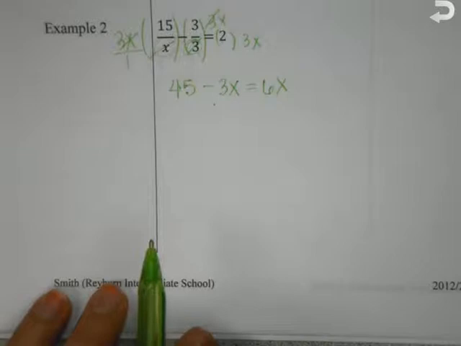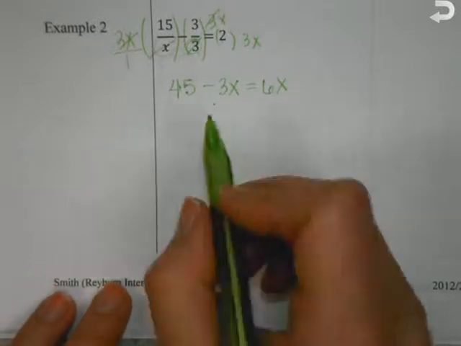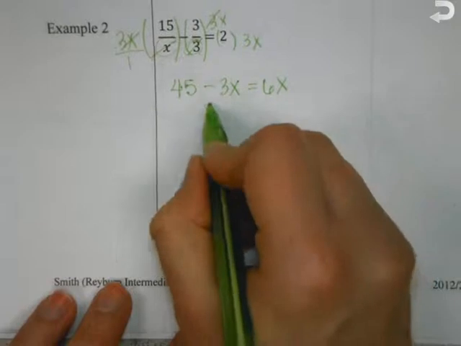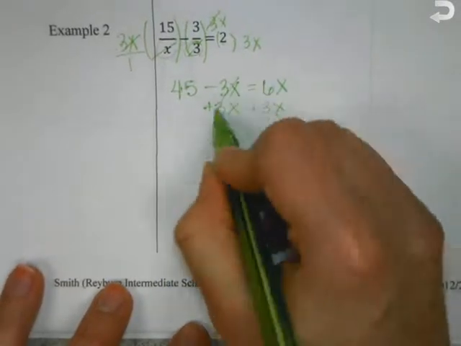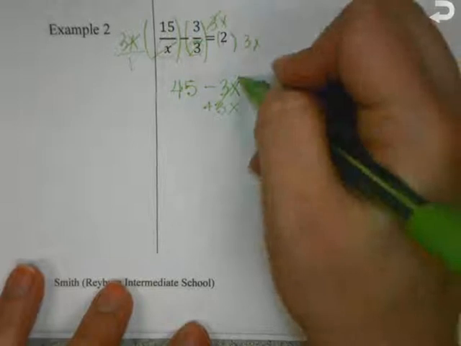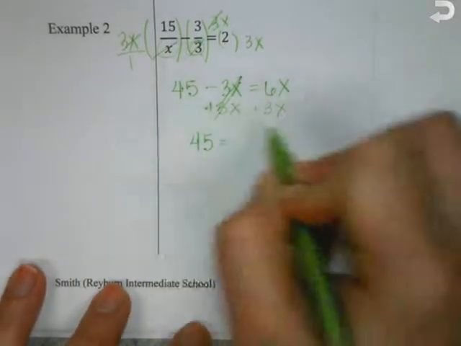Okay, get both x's on one side. So which one will you move? Okay, so how do I move 3x? There we go. Add 3x. So everybody add 3x. Because negative 3x plus 3x gives me 0. So that gives me 45 equals 9x.